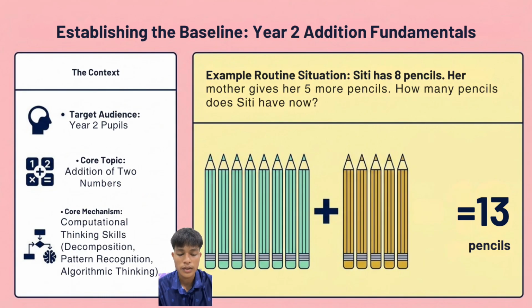That is why teachers should expose pupils to non-routine problems as well. This lesson also includes 3 computational thinking skills, which are decomposition, pattern recognition, and algorithmic thinking. These skills help pupils become better thinkers and problem solvers.